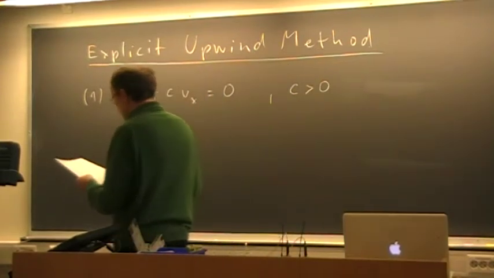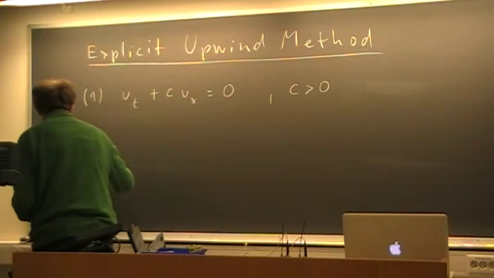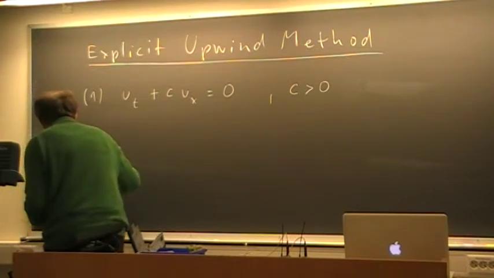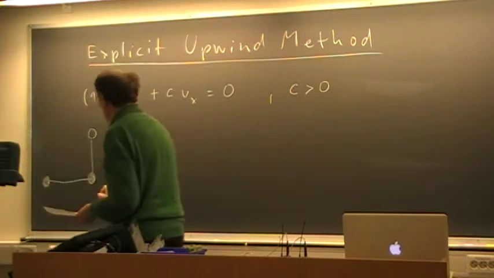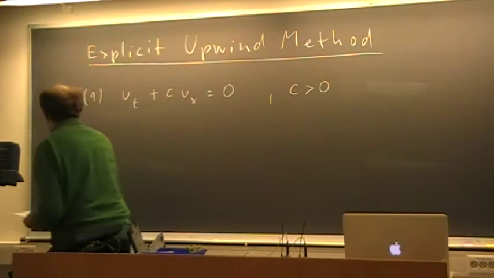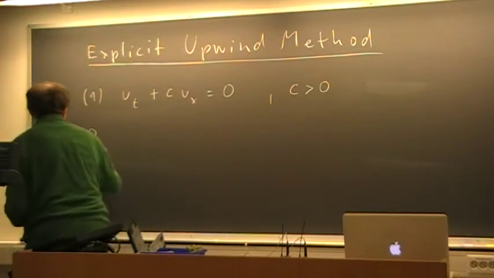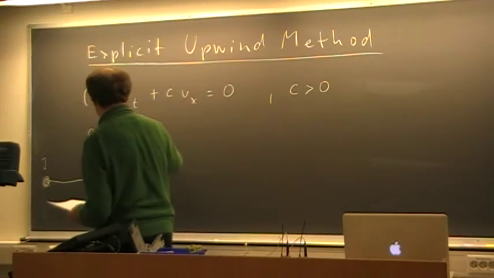And when it is positive, then we have the stencil. We write that in this form, where we have j, and there is j minus 1, and then we have here n, and here we have n plus 1.